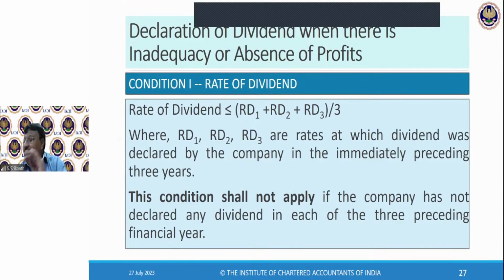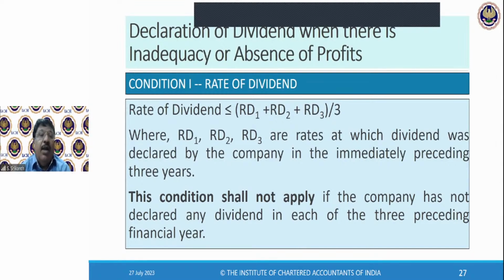I have given it here as a formula. Rate of dividend less than or equal to (RD1 plus RD2 plus RD3) by 3. Easy to remember. But you have to write in the exam, you can't write the formula. You have to say the rate of dividend to be declared shall not exceed the average rate of dividend declared during the immediately preceding 3 financial years, or average of the dividend declared during the immediately preceding 3 financial years.